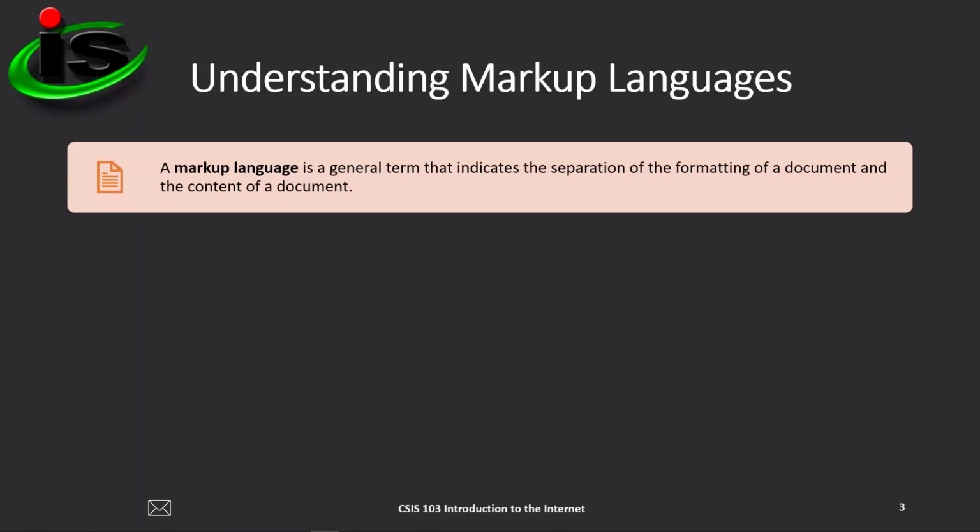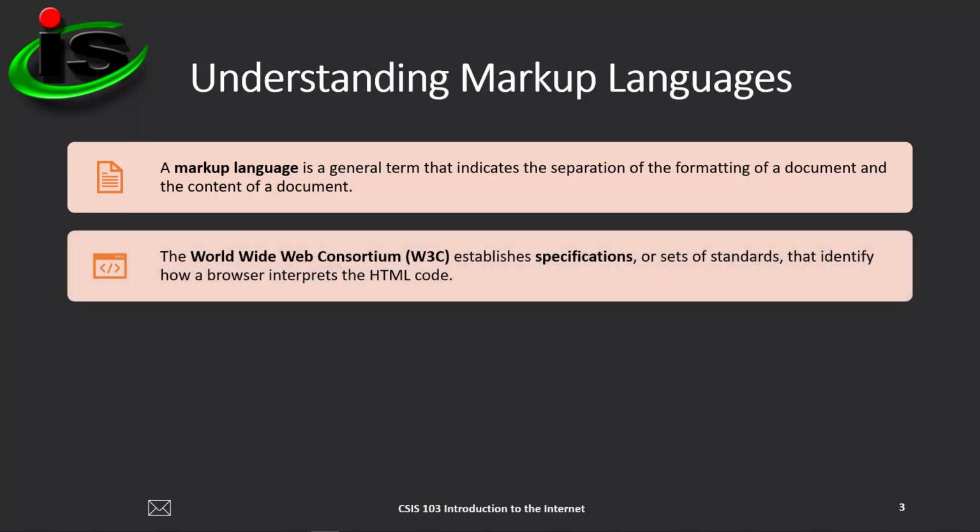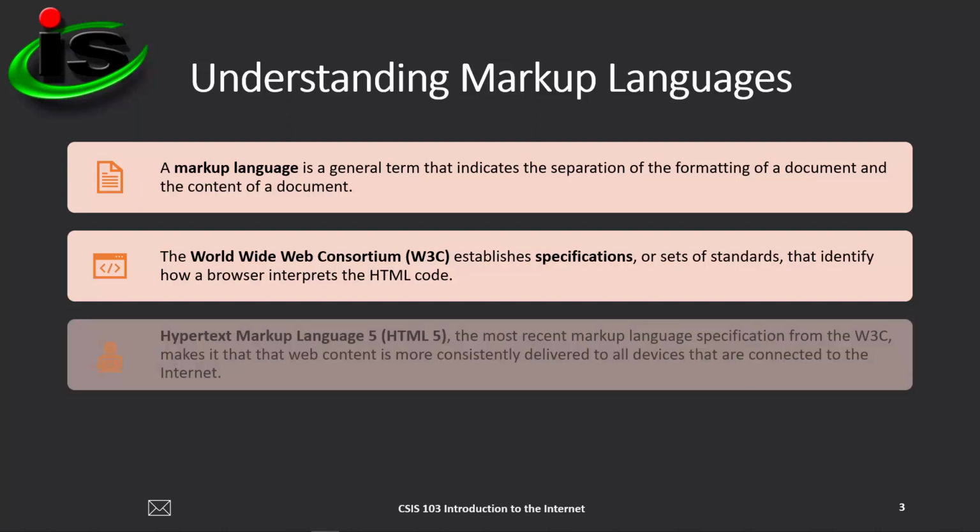A markup language is a general term that indicates the separation of the formatting of a document and the content of a document. As we said, the World Wide Web Consortium, or the W3C, establishes specifications or sets of standards that identify how a browser interprets the HTML code.